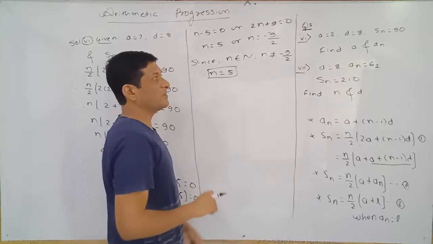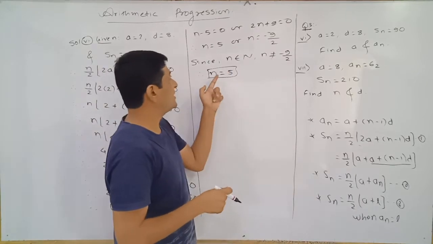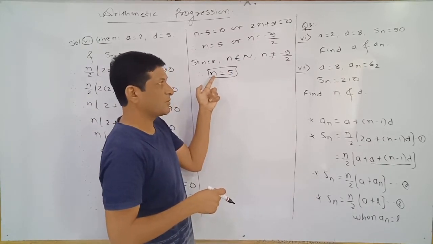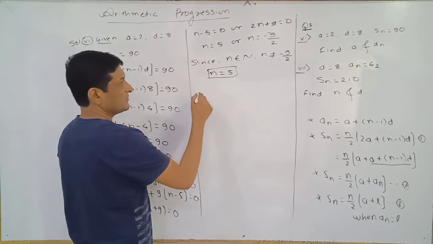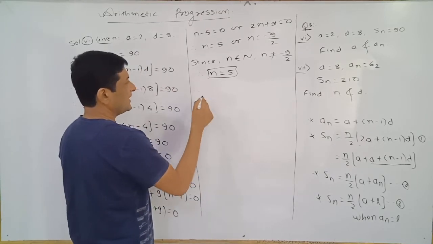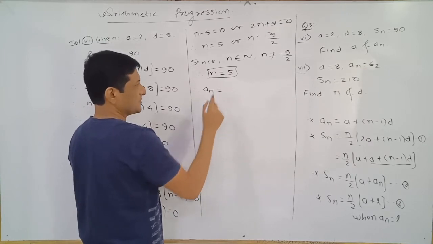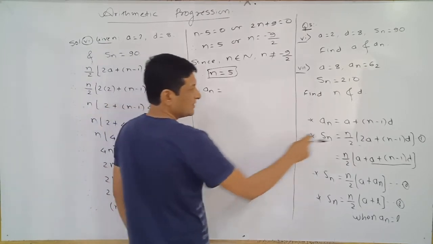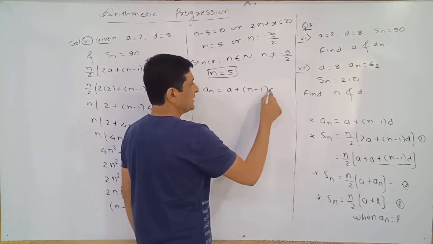Now here we first found how many terms there are in this arithmetic progression. So therefore now we are trying to find the nth term. an is equal to, what is the formula? a plus n minus 1 into d.